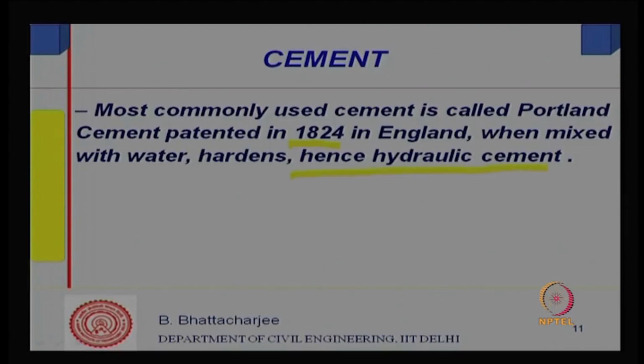Since it is mixed with water and hardens, we call it hydraulic cement. Portlandite is a stone name, and from that it got the name of Portland cement, right. So, this is what cement is.